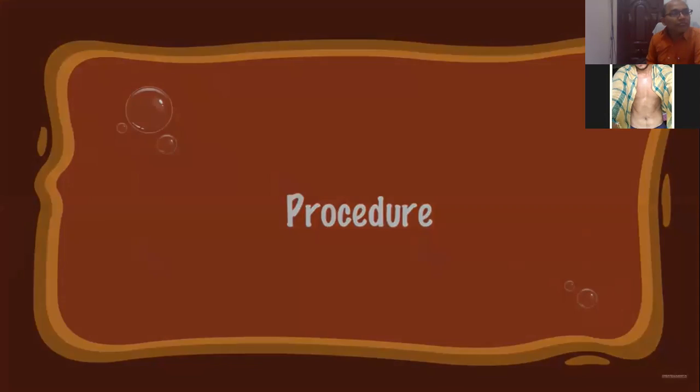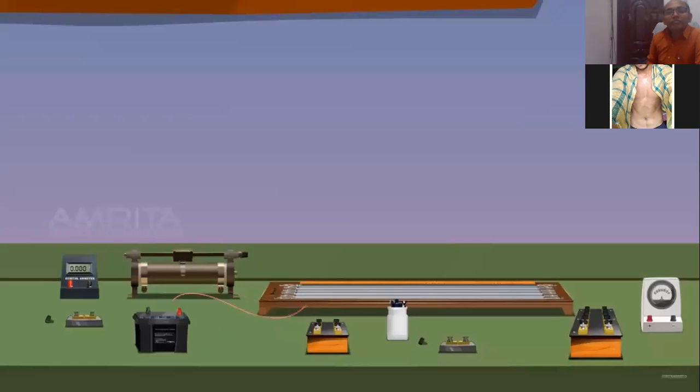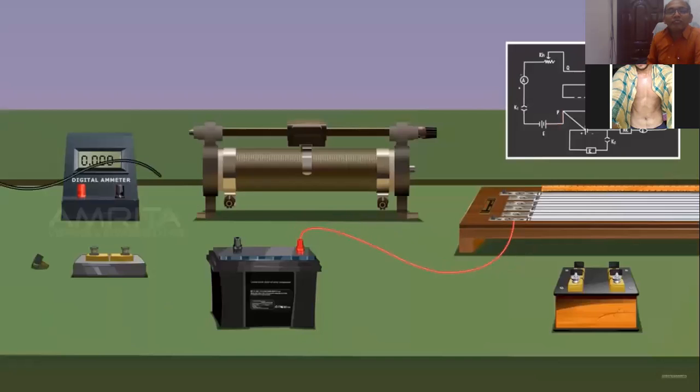Procedure. Connections are made as seen in the circuit diagram using the connecting wires.